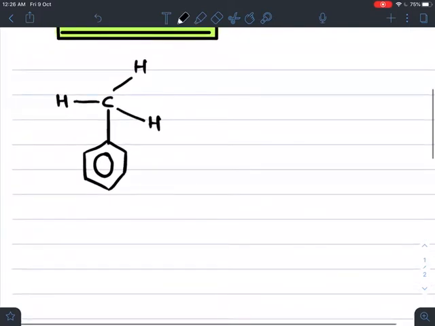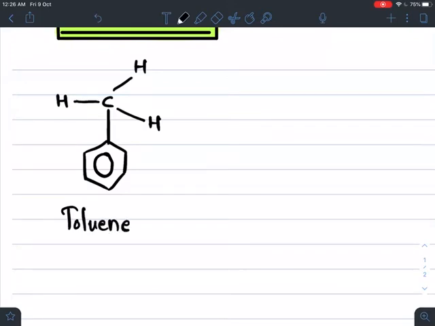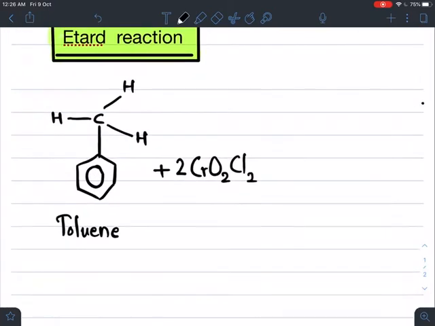So this is the toluene when it is treated with an oxidizing agent like chromyl chloride, CrO2Cl2. To balance this reaction, 2 molecules of chromyl chloride are required, and the reaction takes place in the presence of a non-polar solvent like carbon disulfide.